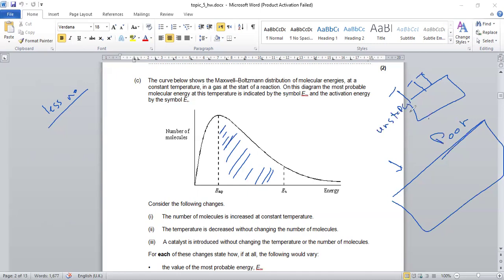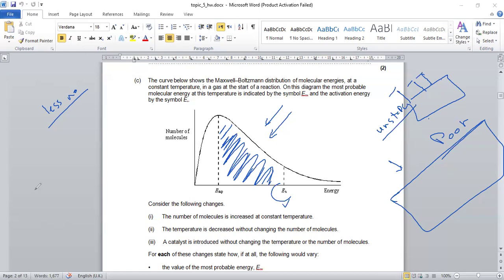But when most of the members, or most of the molecules, have close energy, that makes stability. It's important to reach the activation energy. When most molecules have the activation energy, it will be a higher rate of chemical reaction. Having fewer molecules with the maximum energy does not increase the rate of reaction.